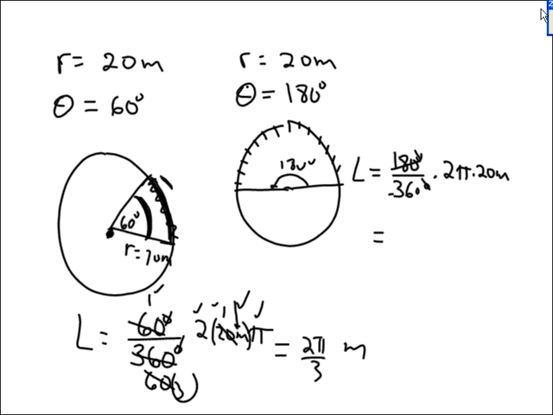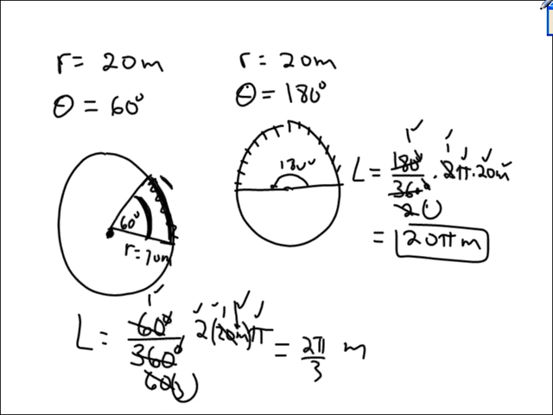Well, 180 goes into both of these numbers 1 time and 2 times. 2 goes into both of these numbers 1 time. All that survived is 1 times 20, which is 20, times pi times meters, divided by 1. The rule for dividing by 1 is don't bother. It's 20 pi meters. That is how long this is.